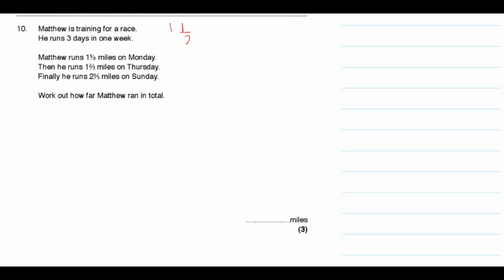The second one is 1 2/3. The third one is 2 1/5. Simply we are going to change them into improper fractions, writing all the bottom numbers equal. Remember, we need to add them, and this is a mixed fraction.